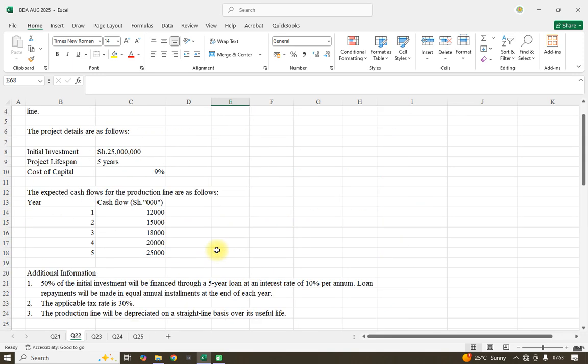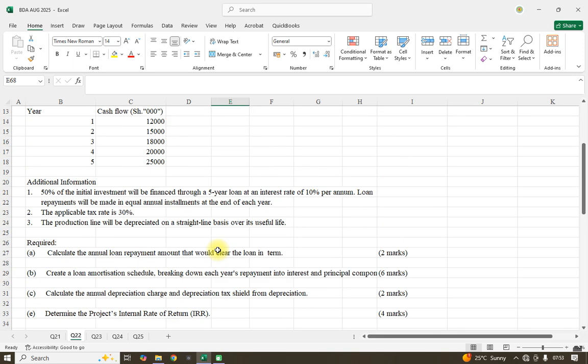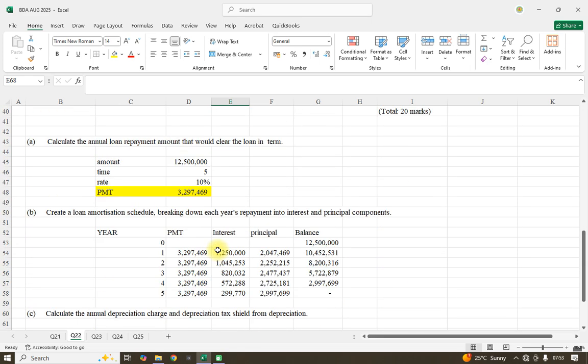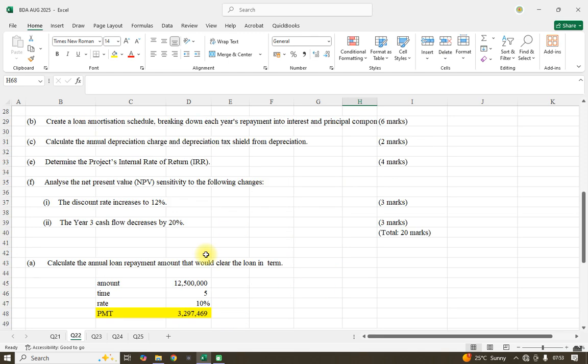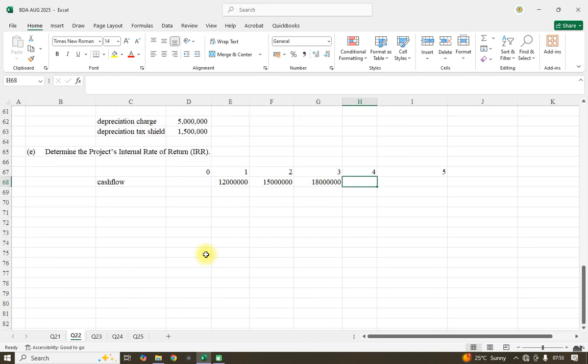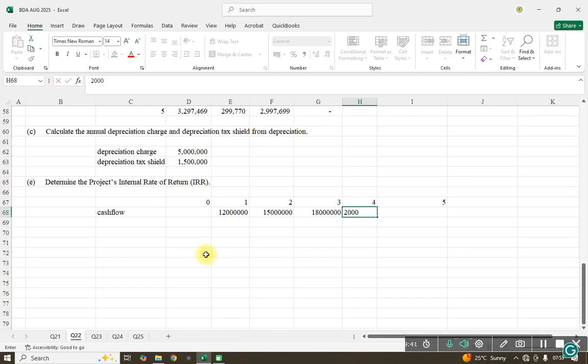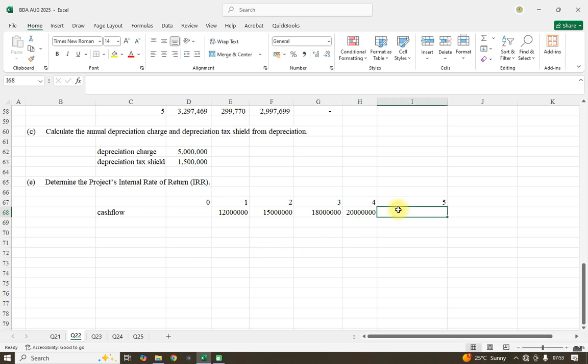These are in million. Yeah, I'll have 12,000, then 15, 18. So 12 million. Then 15 million. Then 18 million. Then after 18, 20 and 25.